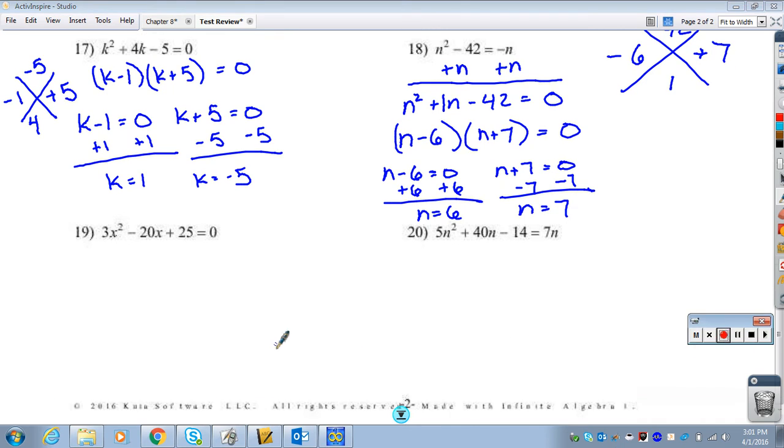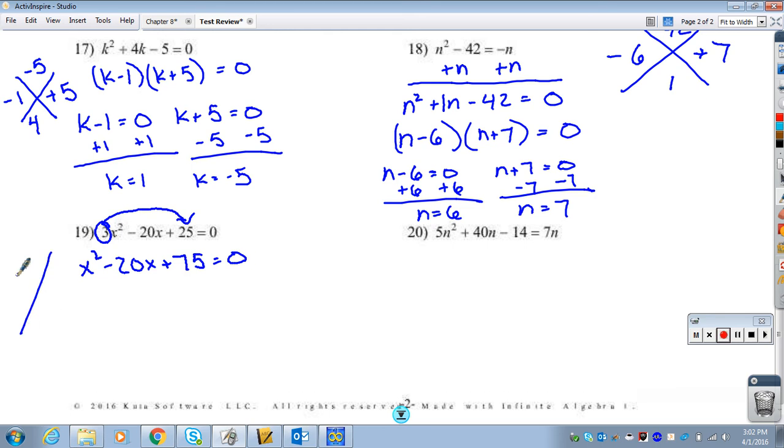Alright, here again we got a factor, but before I can do it I have to slide, because a is not equal to 1. So x squared minus 20x plus 75 equals 0. Draw my x. I need multiply to 75, add to negative 20. So I need two negative numbers here.